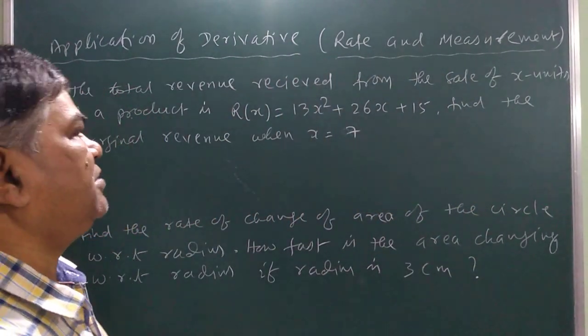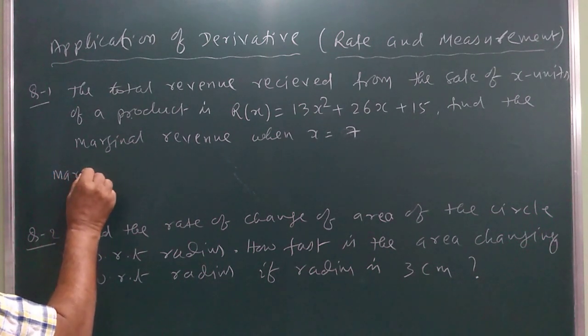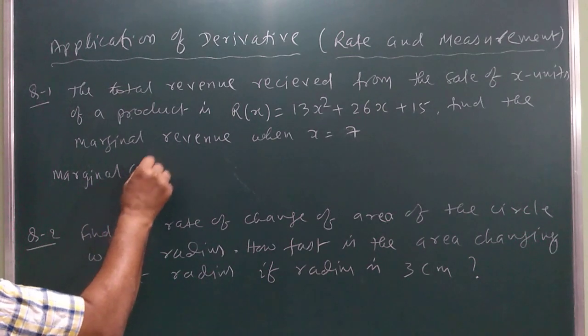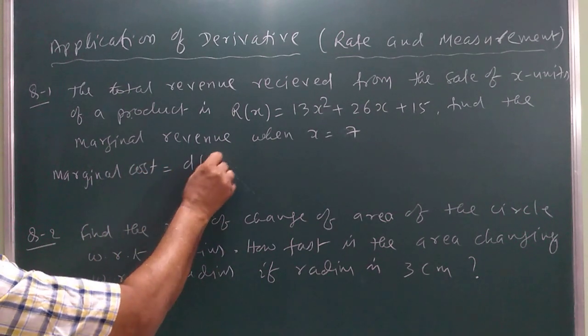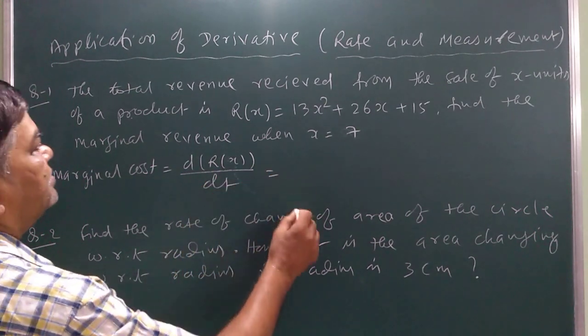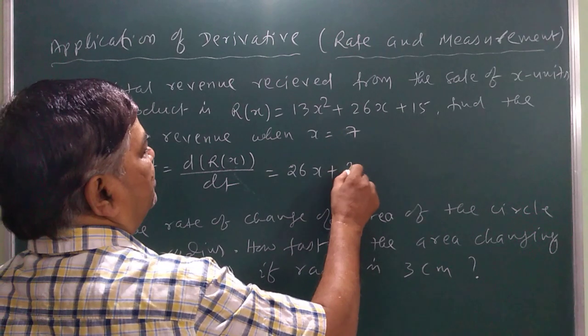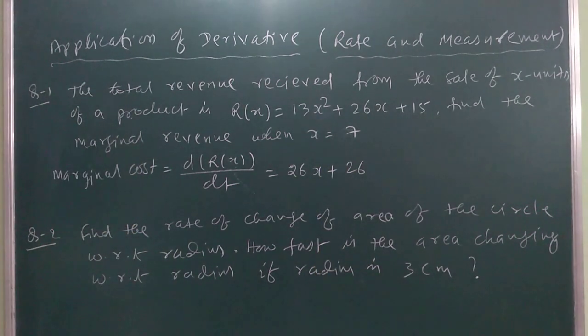Marginal cost means you simply find the derivative of the function. This is your 26x plus 26. This is your marginal cost.